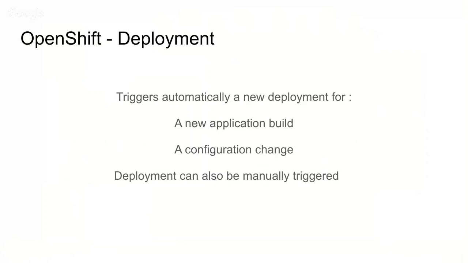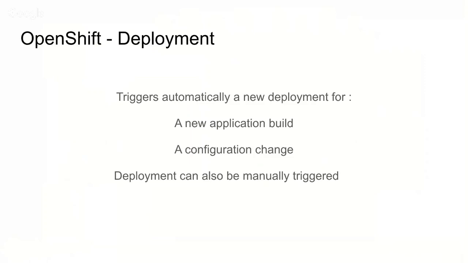The next concept of OpenShift is deployments. It is where you configure how you want your application to be deployed. Once the build operation is finished, you will have a container that has been built and stored in the registry. Then you need to tell OpenShift how you want this container to be deployed and how many containers you want. Do you just want one container or multiple? You can also tell OpenShift how you want to automate deployments.